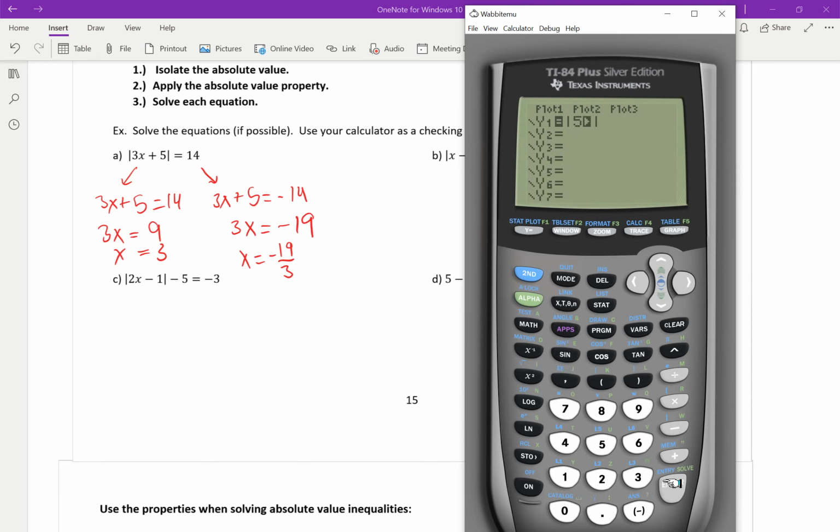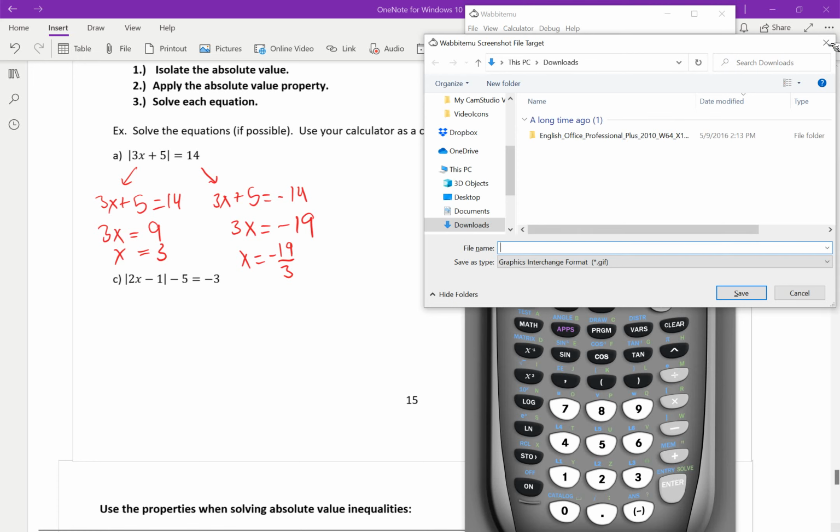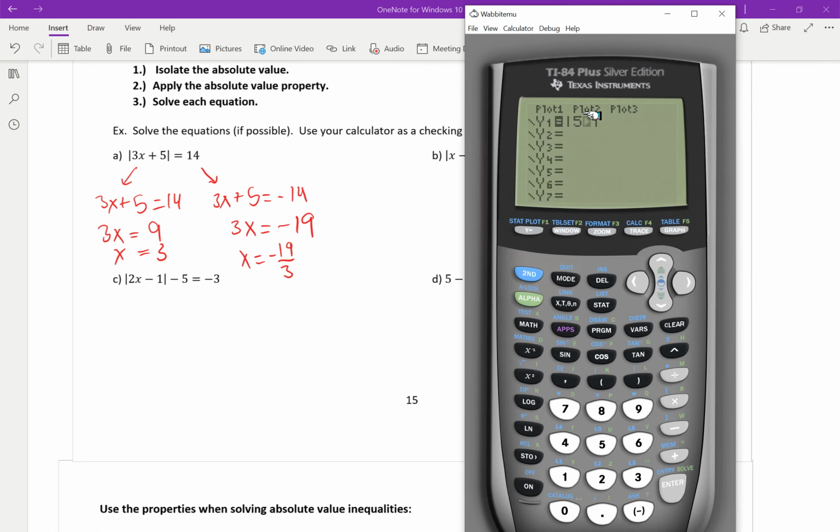Oops. Sorry, technical difficulties. So 3x plus 5. Let's enter that again. So that's my first equation. I'm gonna hit enter. My other equation is just 14.